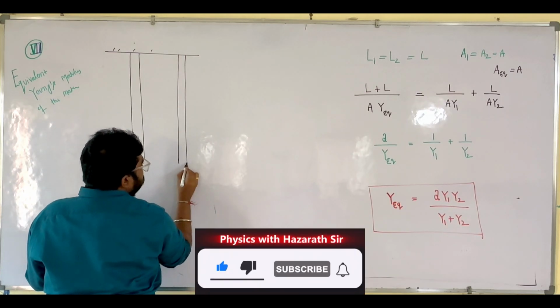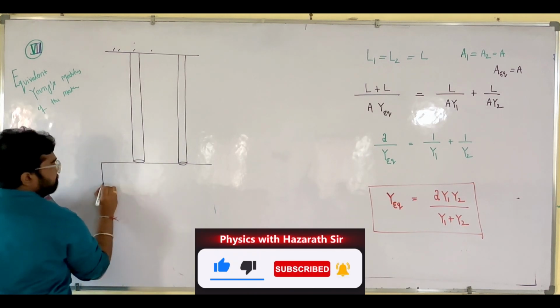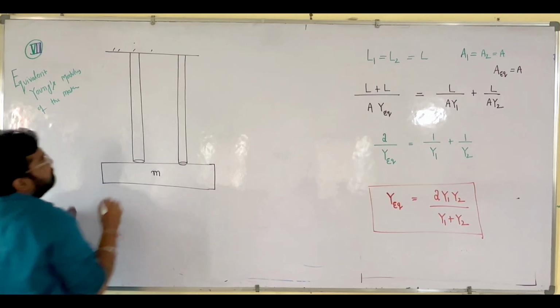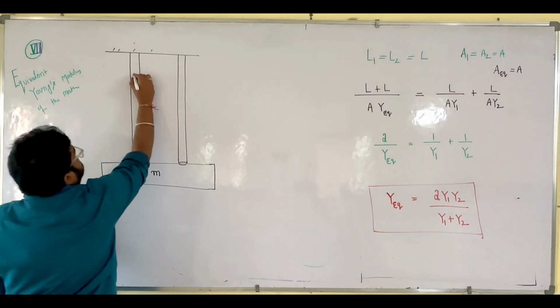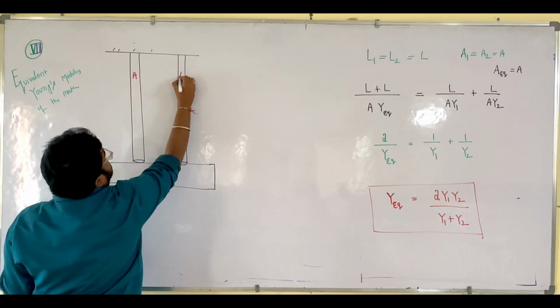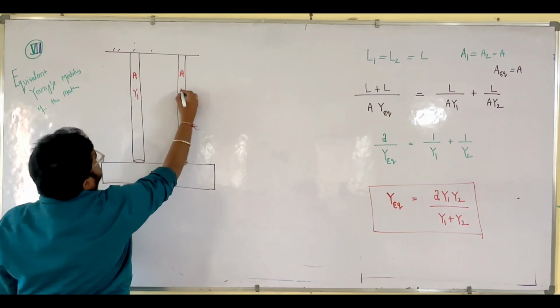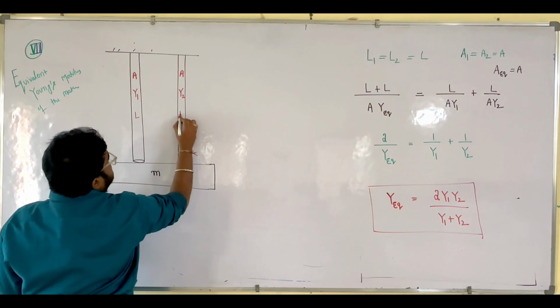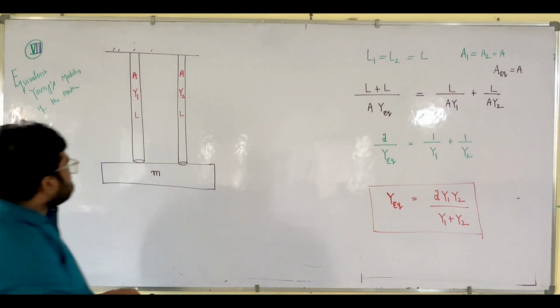Here to here, this is the mass M. Both rods have the same area of cross section. This one is made up of material 1, this one of material 2. Both have the same length.